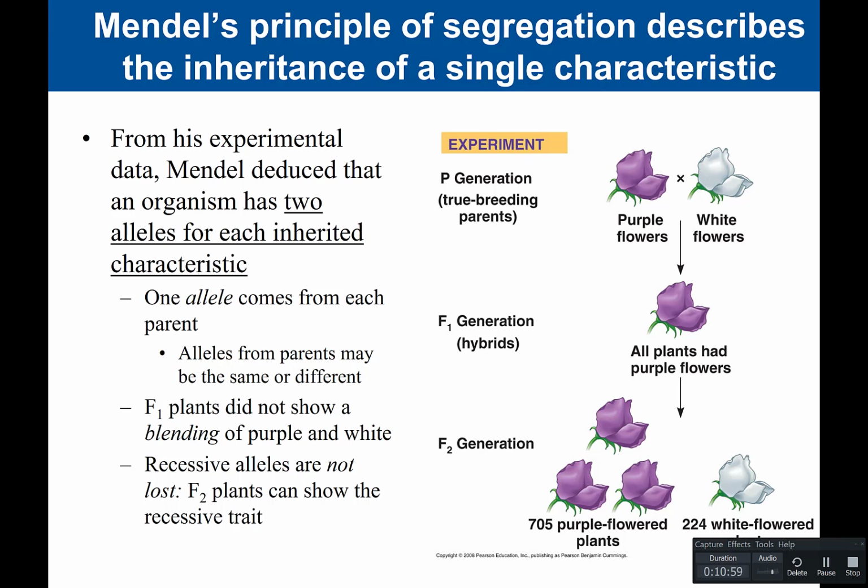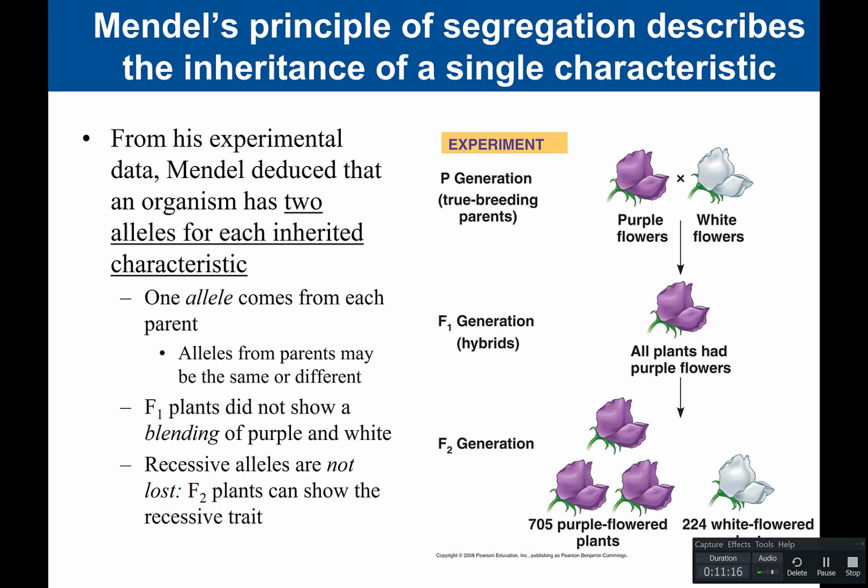Notice that the white allele, that white gene, didn't disappear. It wasn't gone. It just wasn't seen. And when we cross that F1 generation, now we see the offspring having white flowers.